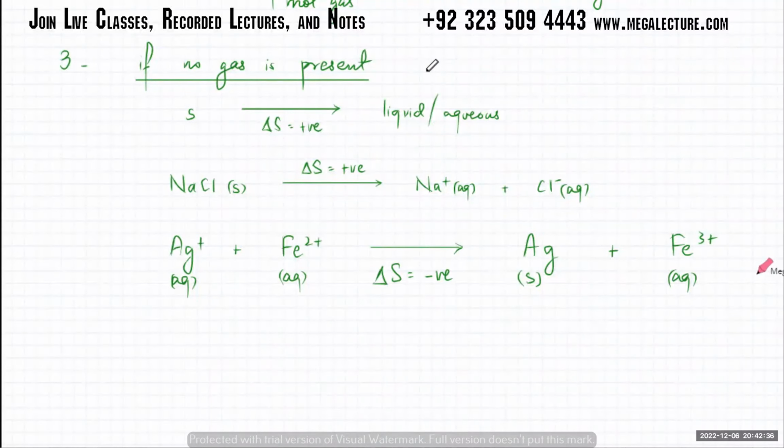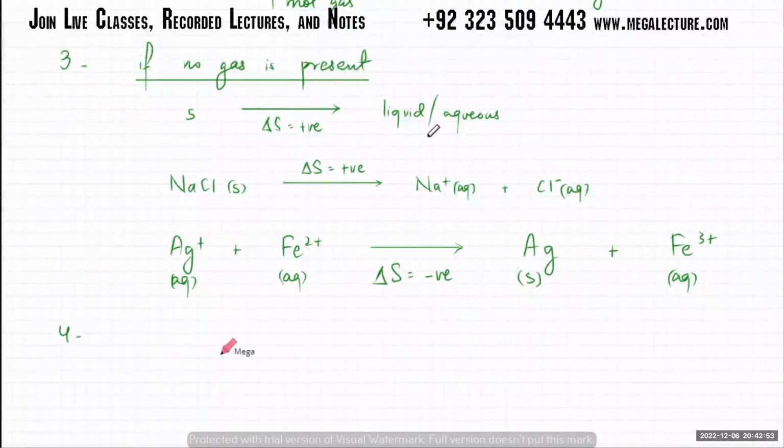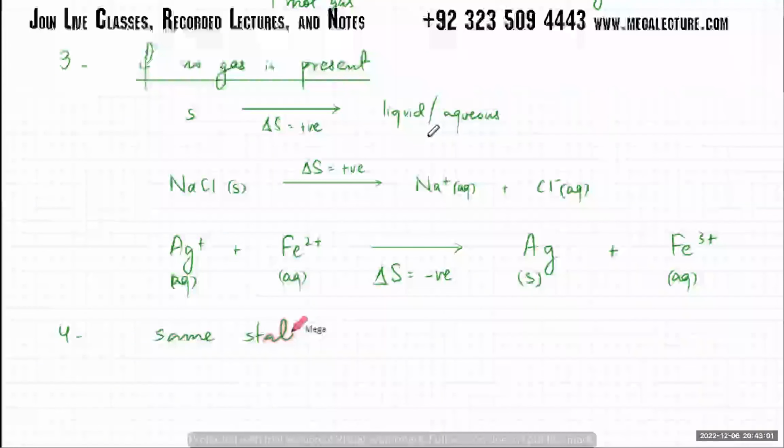Sometimes what will happen is you'll have exactly the same state. So if all the states are the same, number 4 is: if everyone has the same state and there is no change in state, then you just count the number of particles.